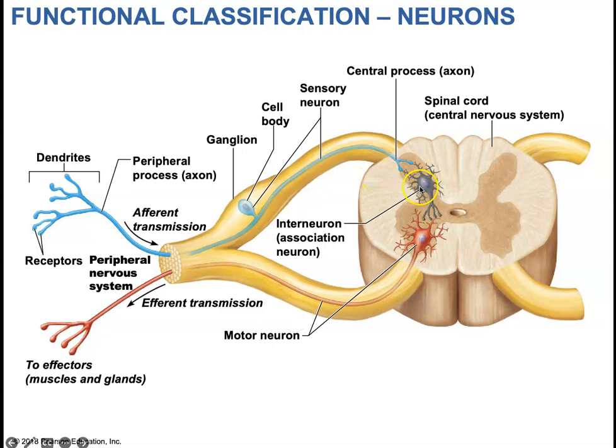So these interneurons are just neurons in between the sensory and the motor neuron, right? Sometimes you'll find these interneurons that will go up into the brain, and I'll show you guys examples of that in a little bit, but all they're called is just in between neurons. That's why they're called interneurons.